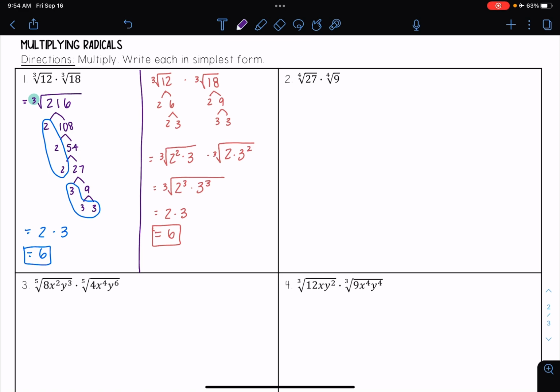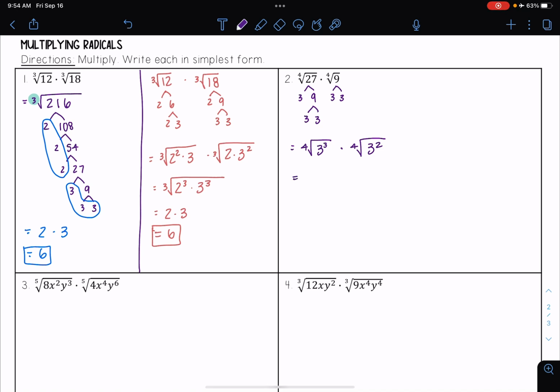Okay, let's do this next one. I'm going to do this second method just so that we're working with smaller numbers. 27 can be broken into 3 times 9 and 3 times 3, so this is going to be the fourth root of 3 cubed. 9 can be 3 times 3, so this is going to be times the fourth root of 3 squared.